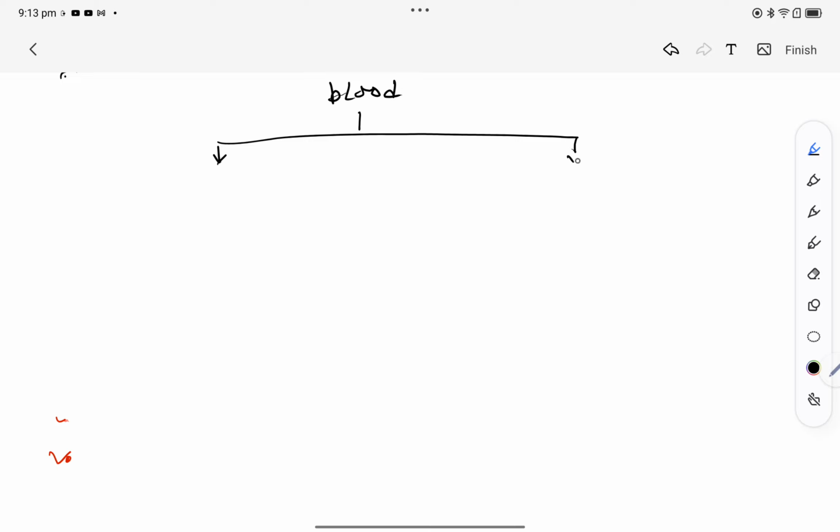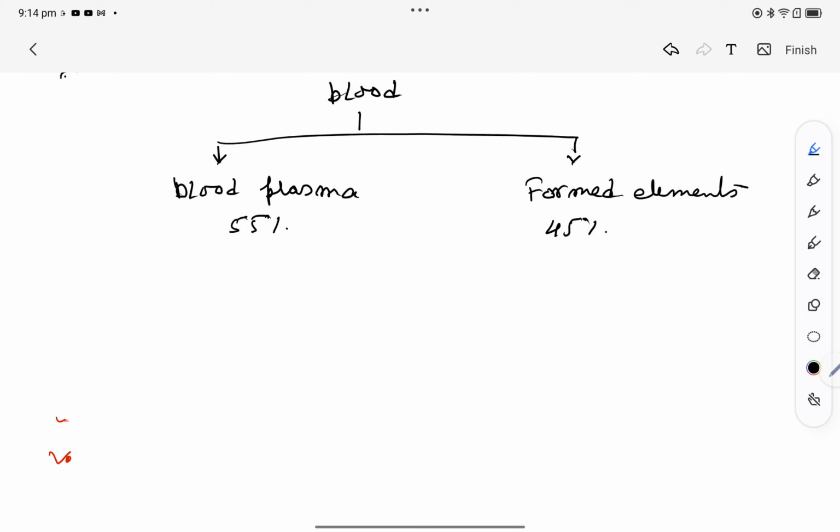One is blood plasma and the other is formed elements. 55% of blood is made up of blood plasma and 45% is formed elements.